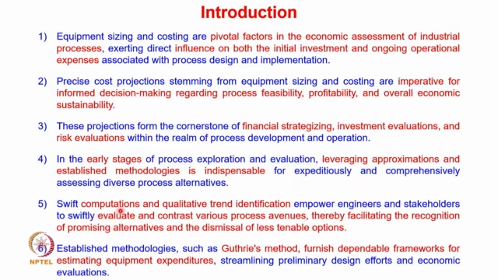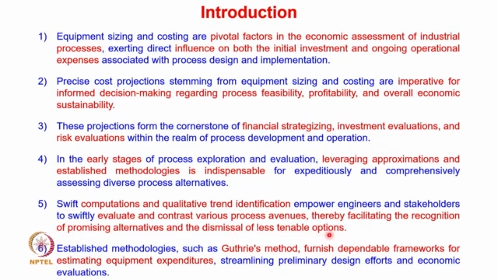Swift computations and qualitative trend identification empower engineers and stakeholders to evaluate and contrast various process avenues, and facilitate the recognition of promising alternatives and dismissal of less tenable options.